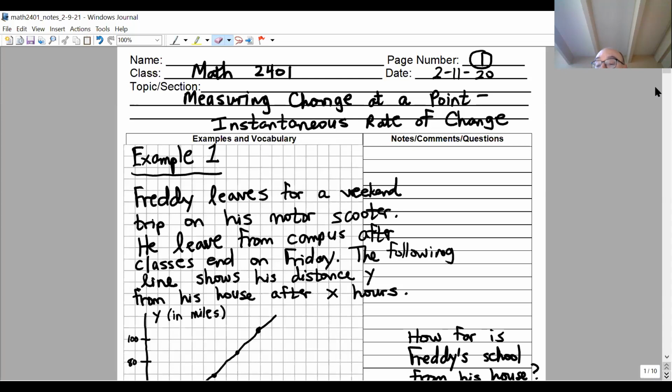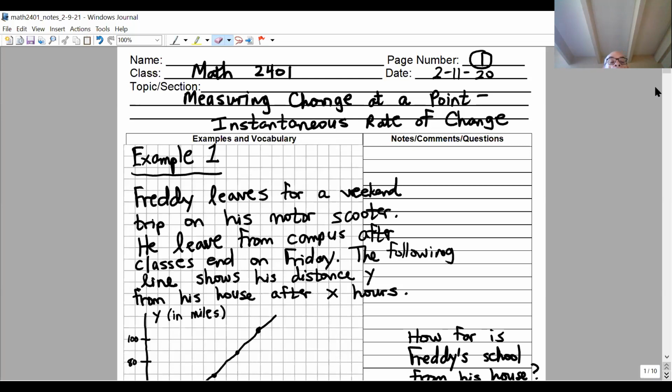And then we have average rate of change, a little bit more difficult. And then a lot more sophisticated is going to be this notion of instantaneous rate of change. But I'm going to start off with just a trivial example, so that we can work slowly into this notion before it gets a lot more challenging.